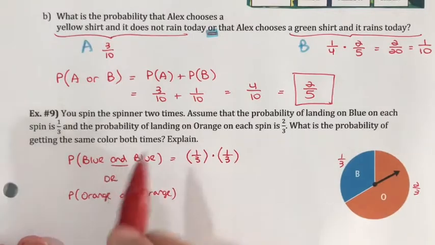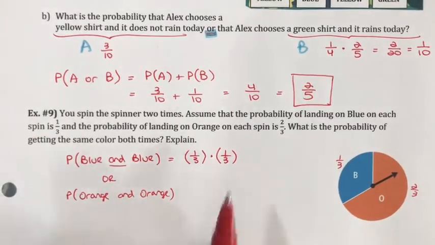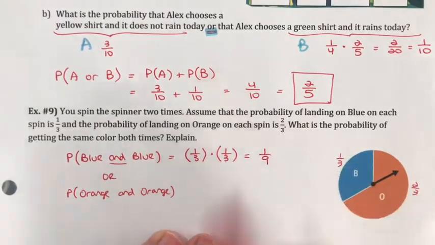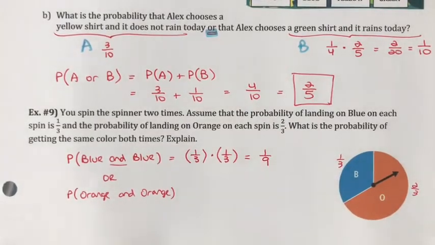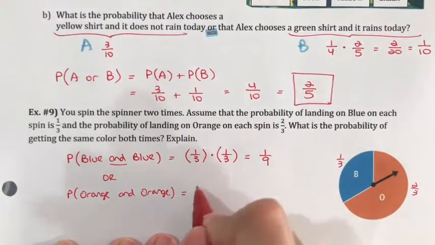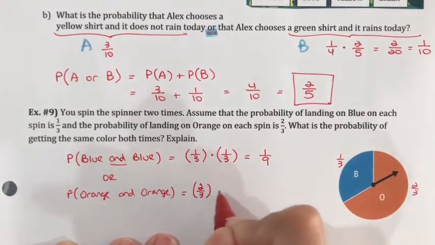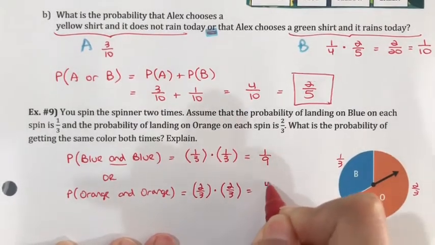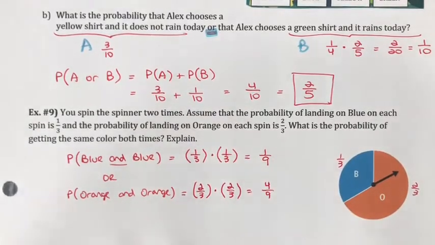Remember this is "and," that means we're multiplying. So this gives us 1/9. Now the probability of orange and orange: 2/3 times 2/3 would be 4/9.